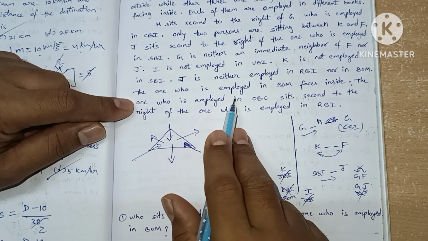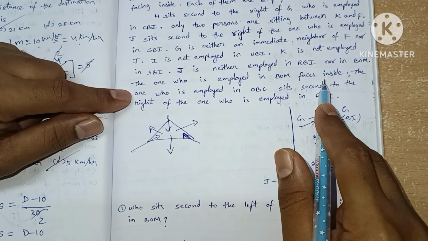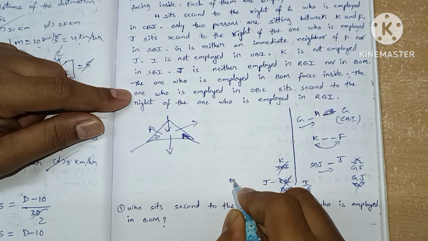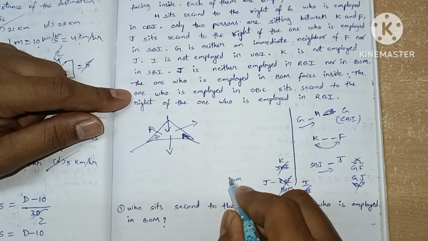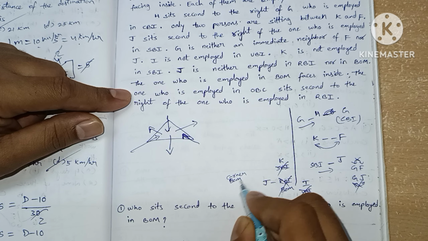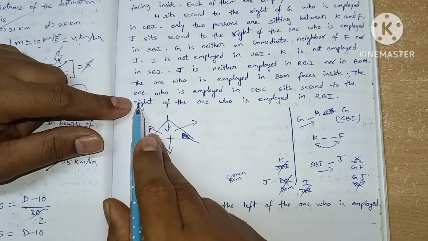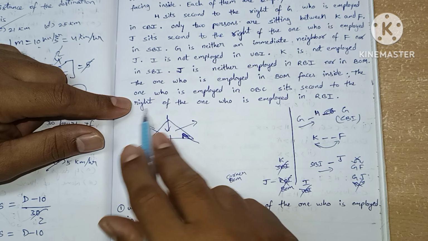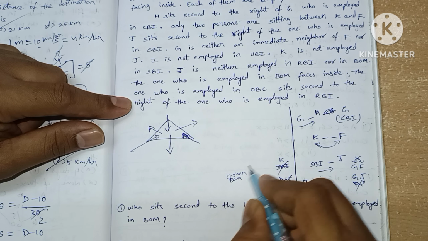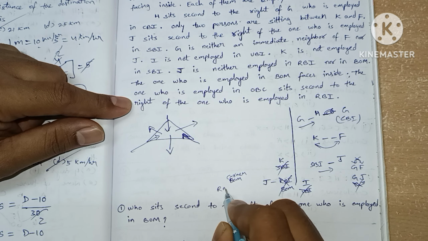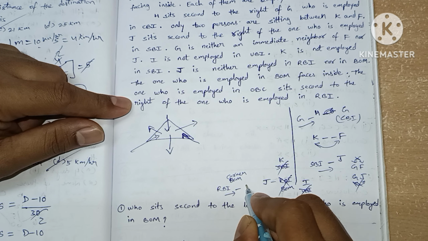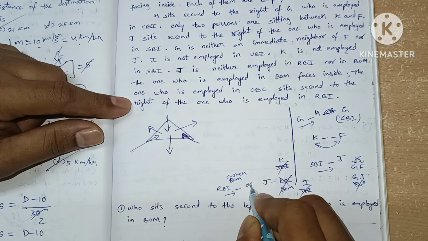The one who is employed in BOM faces inside, so BOM is in a corner. The one who is employed in OBC sits second to the right of the one who is employed in RBI.